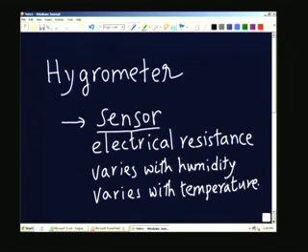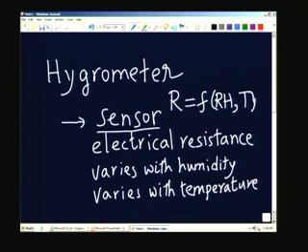That means, if I say R is the resistance of the element, this is a function of humidity, which we can indicate as the relative humidity RH, and temperature. So, the sensor responds to two quantities at the same time. It is a very typical example I am just trying to take. So, let us look at how we are going to do this.